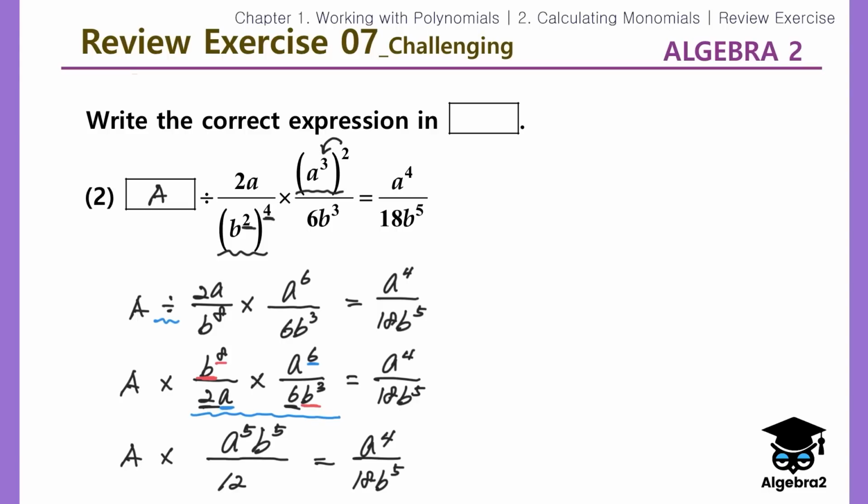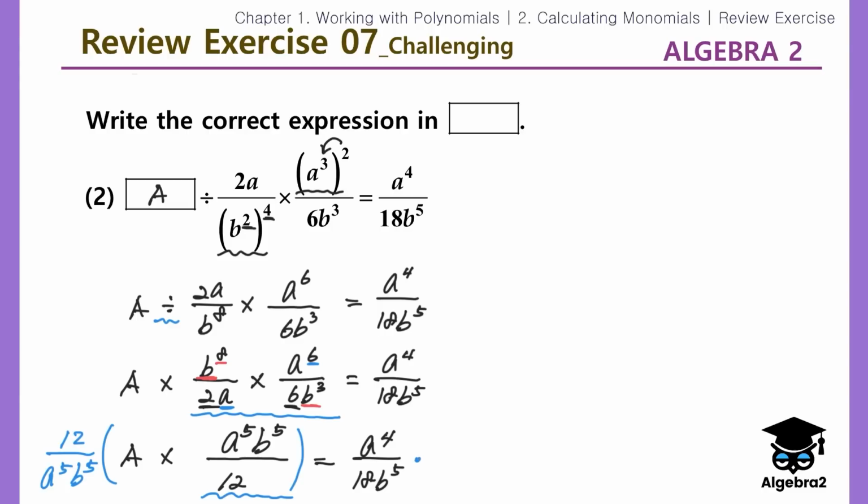So I'm going to have to eliminate this term right here, right? So we're going to multiply each side by the reciprocal of this expression. So 12 over 8a5b5.